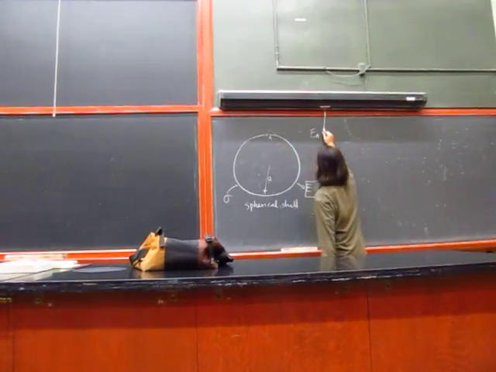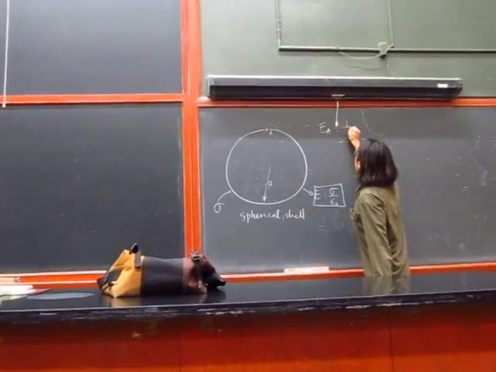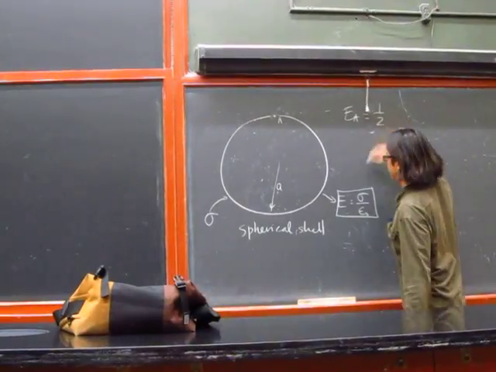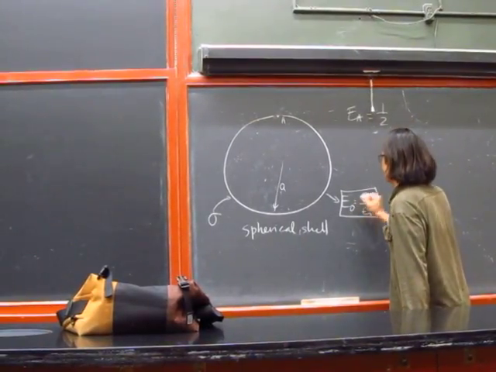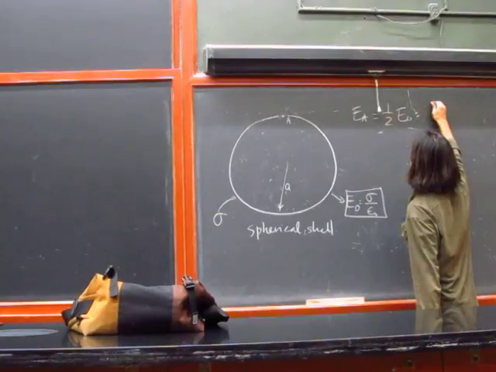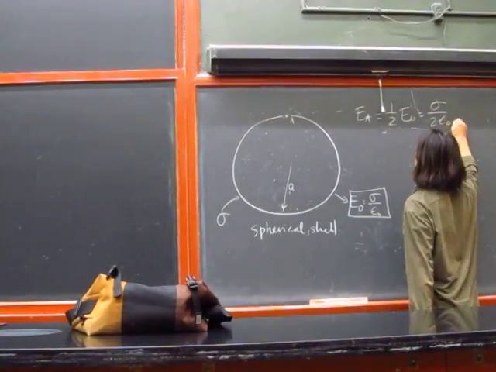Where it's actually hollow is going to be equal to half of, let's call this E naught. Half of E naught is sigma over epsilon naught.